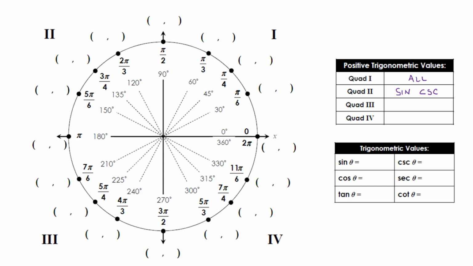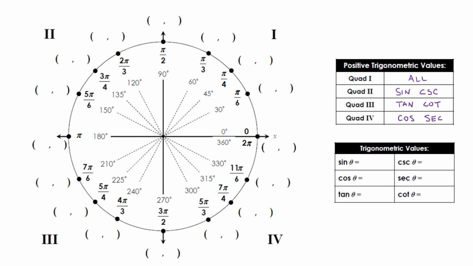In quadrant 3, we know tan is positive and its opposite, cotangent, is also positive. And in quadrant 4, we know cosine is positive and its opposite, secant, is also positive.